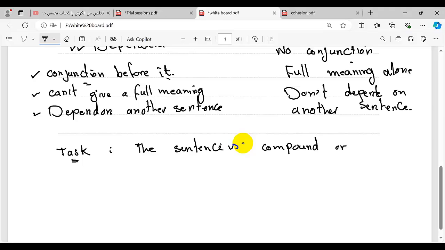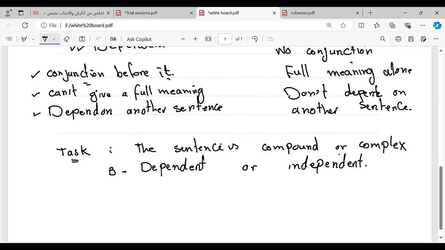Number two, you should decide if the sentence is dependent or independent. We said dependent means subordinate.